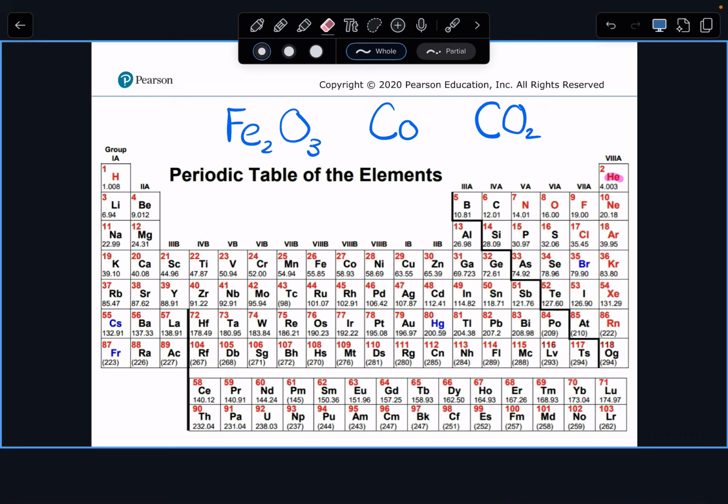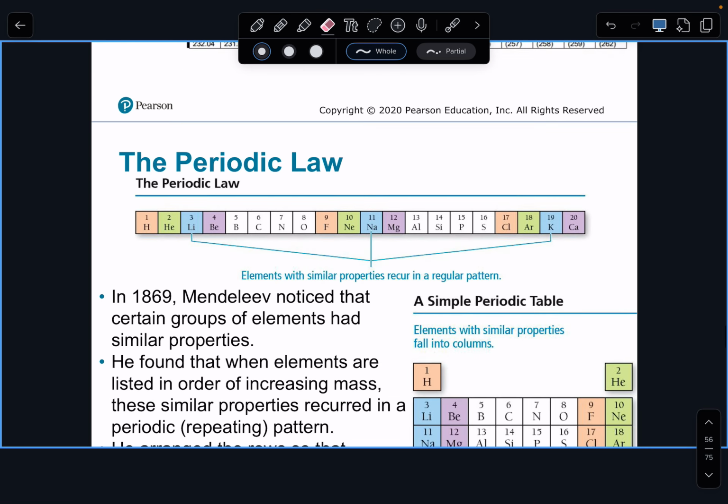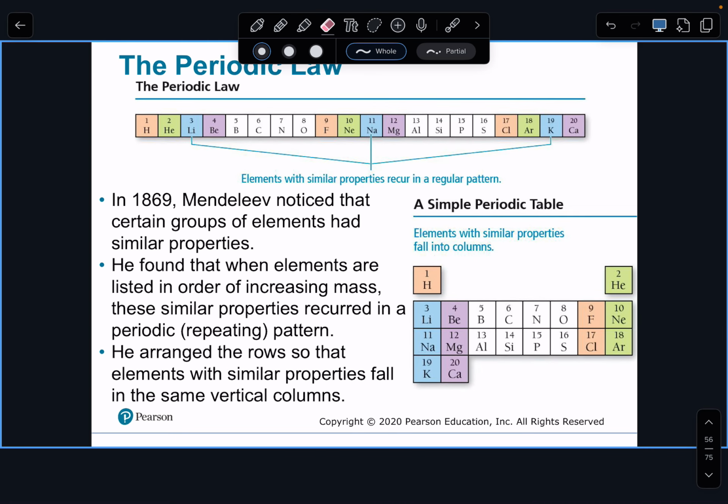Then he said, obviously we don't just want a list in order, but we want to tie them together somehow by their properties. We should group together things that have similar properties. So he orders them by mass, and when he sees one that has a similar property, that's when he starts a new row.